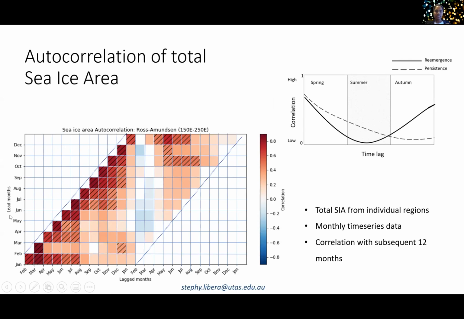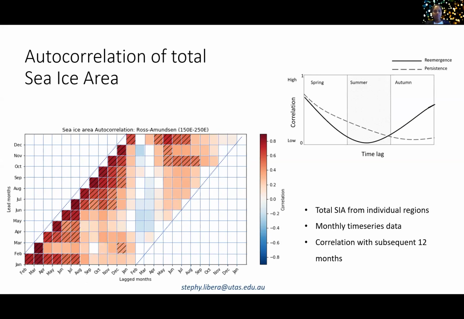Each of these lead months has been correlated against the 12 subsequent lag months. For example, here, January is being correlated against February, March, and so on until January of the following year. The same calculation has been conducted for each of the lead months. And then we've just shifted the cells so that we can align all the lag months together.